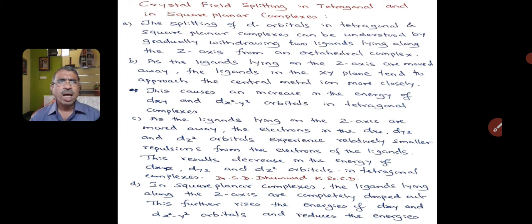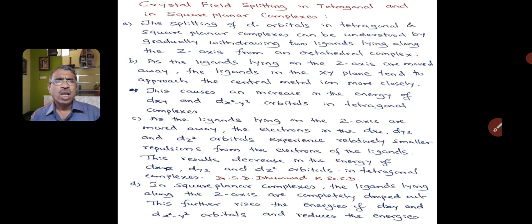This causes an increase in the energy of dxy and dx²-y² orbitals in tetragonal complexes, because in these we don't have any z axis.